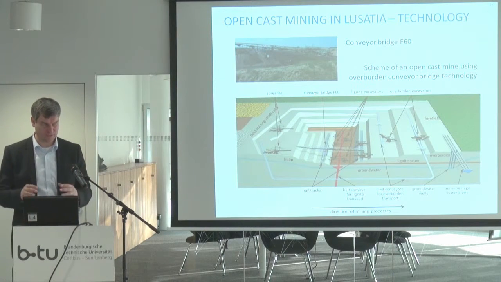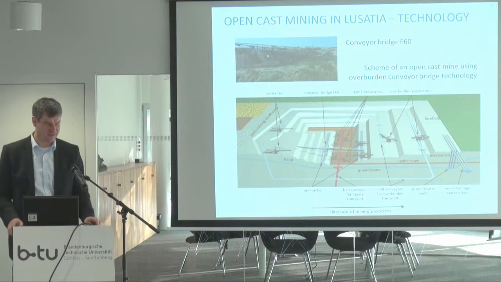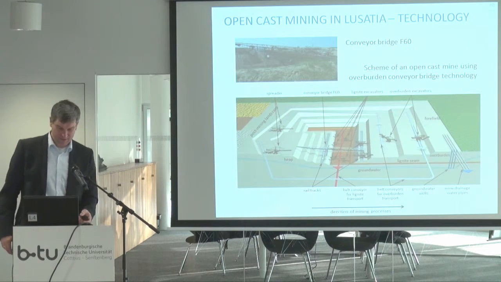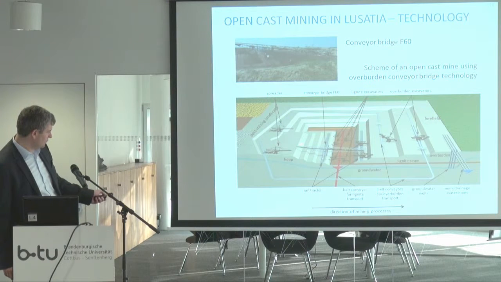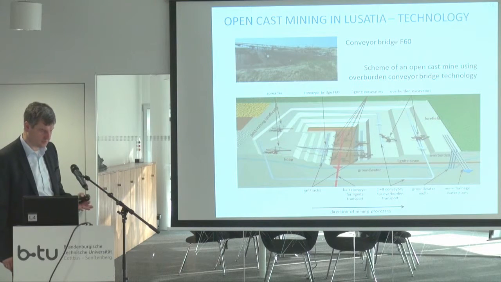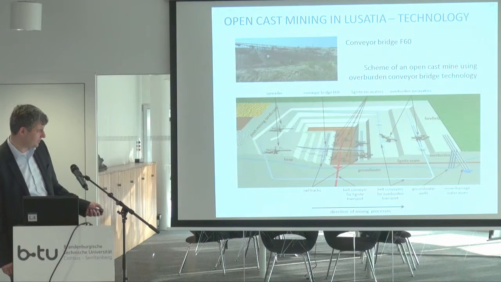That's what the conveyor bridge does; it does not excavate the lignite. The conveyor bridge simply transports the material from the forefield to the reclamation site, and it has a maximum capacity of 60 meters. So the lignite seam in Jänschwalde is at a depth of about 80 meters, something like that.